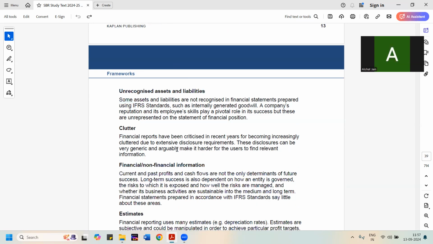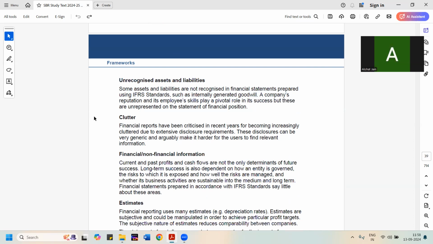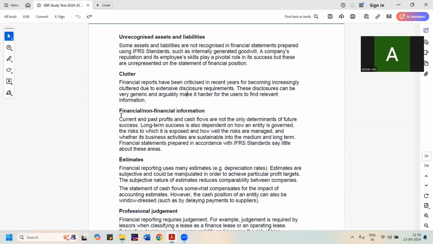Unrecognized assets and liabilities. There are some assets and liabilities that are not recognized in financial statements, such as internally generated goodwill. And that is a criticism. Clutter. Financial statements have been criticized in recent years for becoming increasingly cluttered due to extensive disclosure requirements.